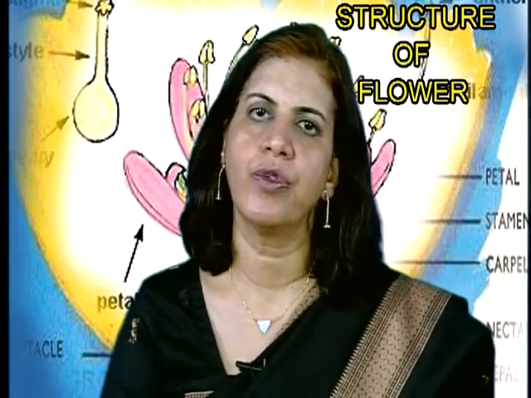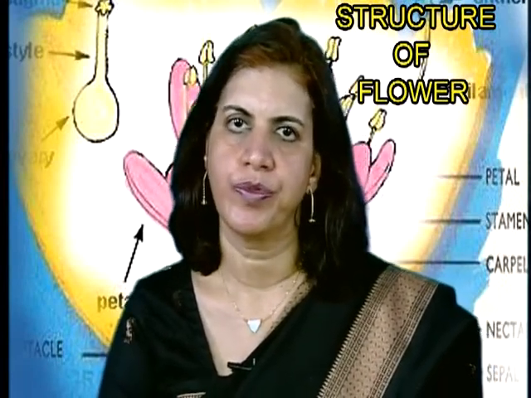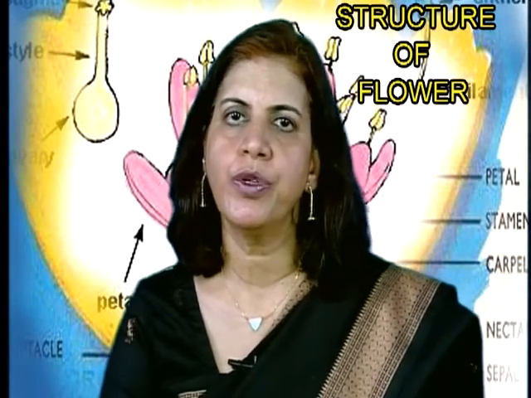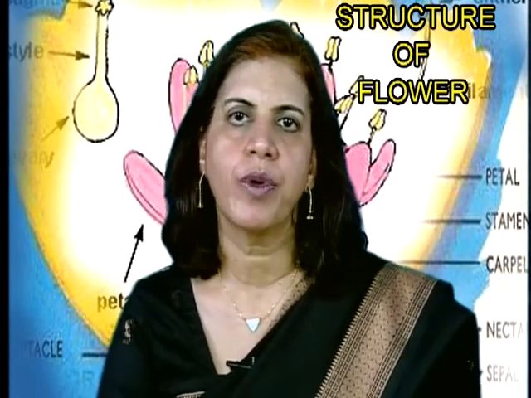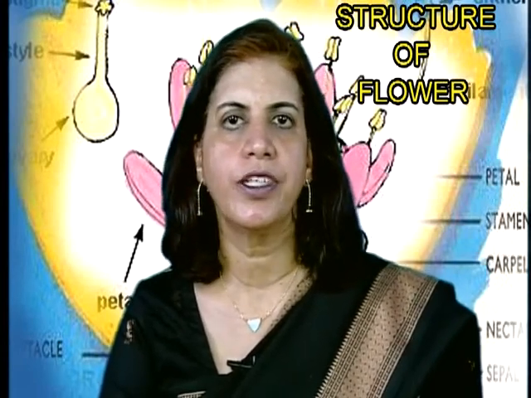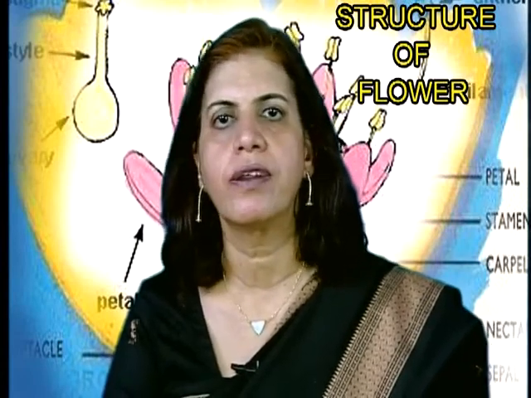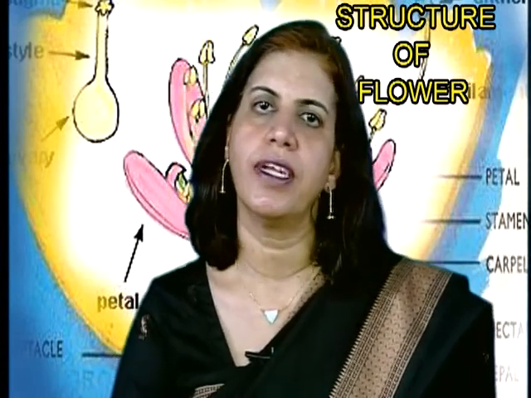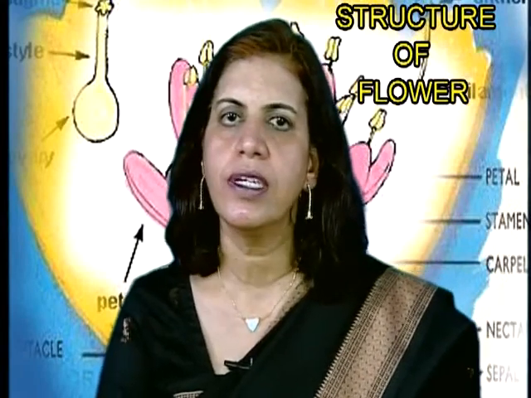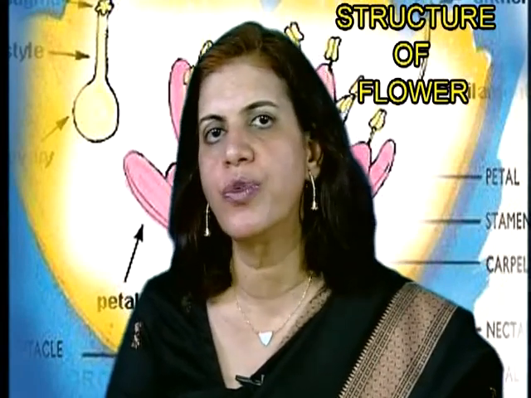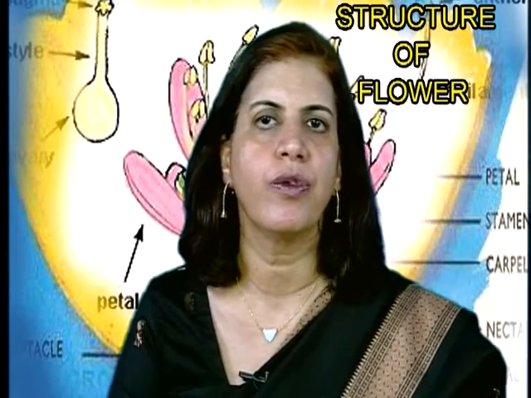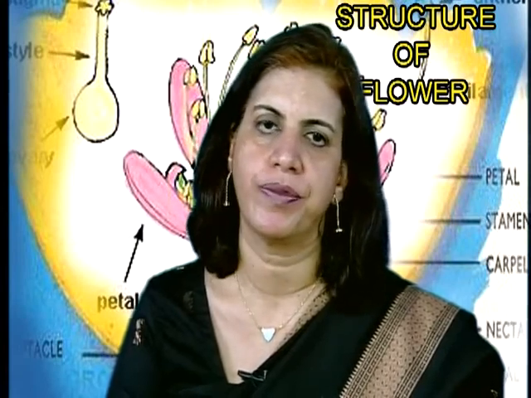Seeds are enclosed within the fruit, which will be used in the propagation of the species. And in gymnosperm plants, what are gymnosperm plants? Plants in which seeds are naked, that means seeds are not covered within the ovary. Such plants are known as gymnosperm plants.